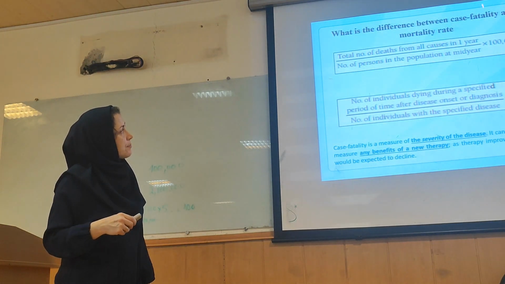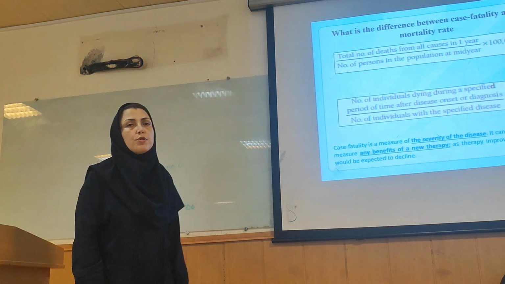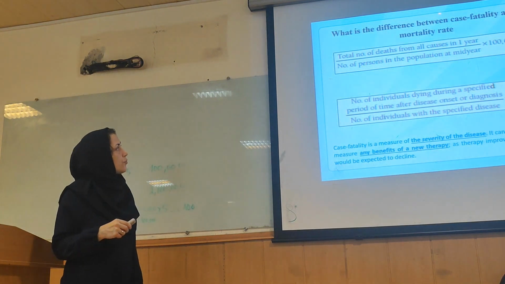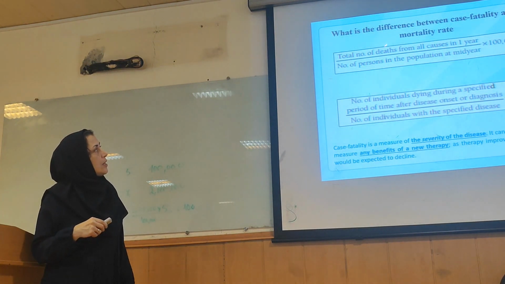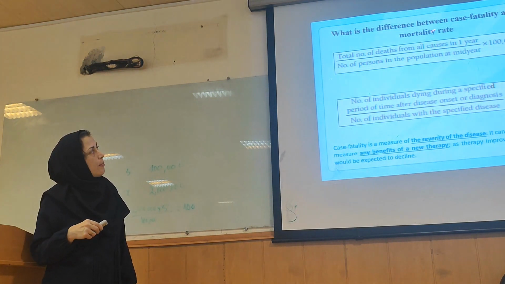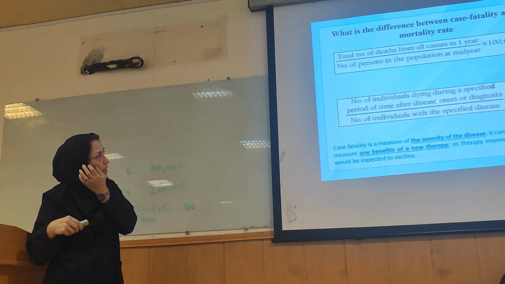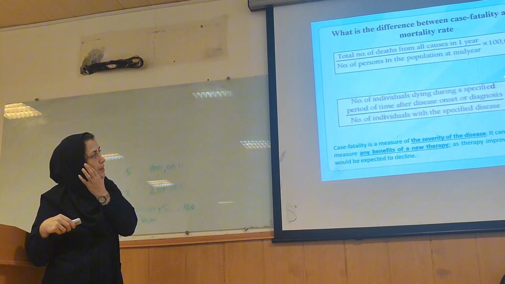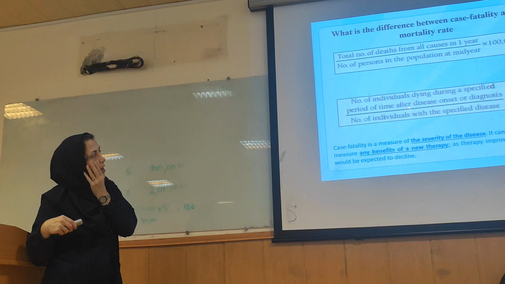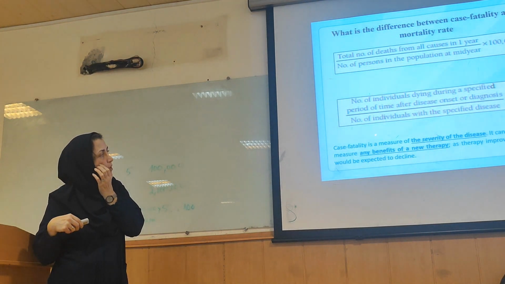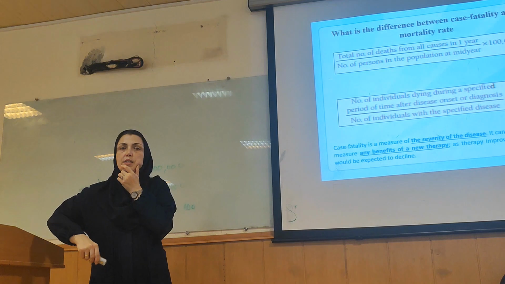What is the difference between case fatality and mortality rate? You can see here the two formulas. Total number of deaths from all causes divided by the number of persons in the population at mid-year, and the number of individuals dying during a specified period of time after disease onset divided by the number of individuals with the specified disease.